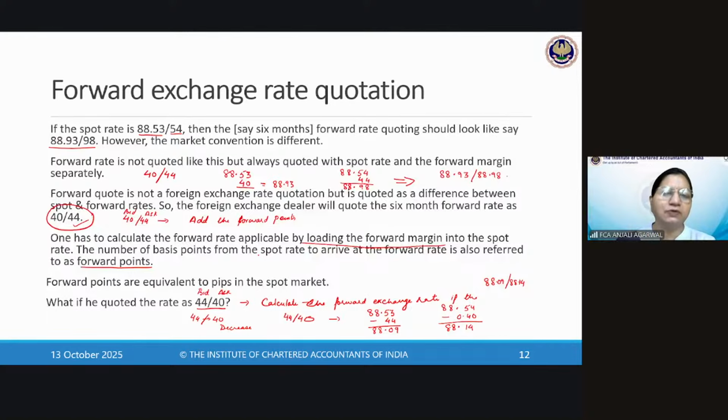Here we come to a concept which is that if the pip points are 40, 44, we see that the price of dollar has increased and we say that dollar is at premium.